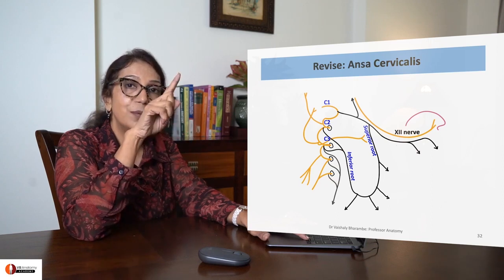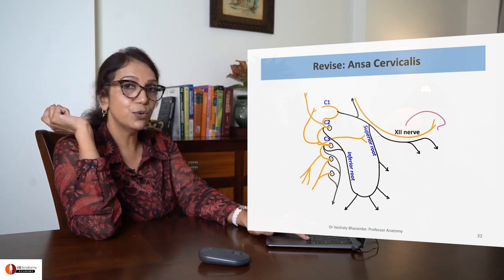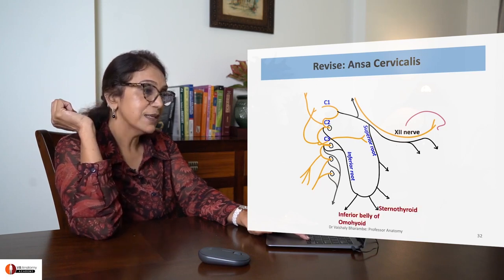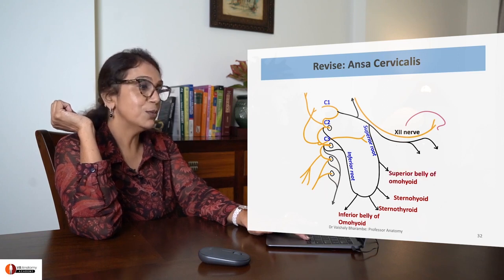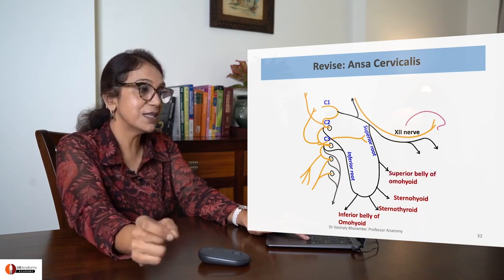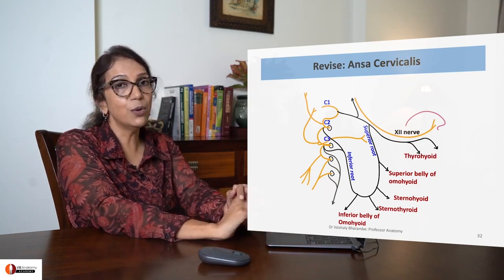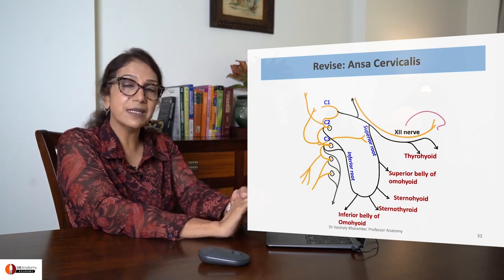They unite to form a loop which is called Ansa cervicalis. They give rise to branches which supply the inferior belly of omohyoid, sternothyroid, sternohyoid, and superior belly of omohyoid, and leftover fibers of C1 go on to supply the thyrohyoid. This is how cervical branches supply infrahyoid muscles.